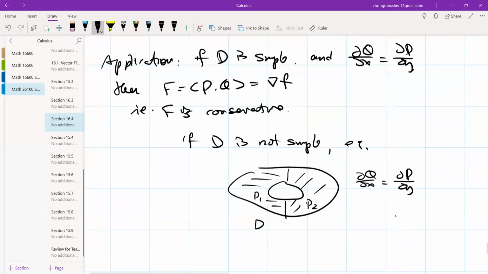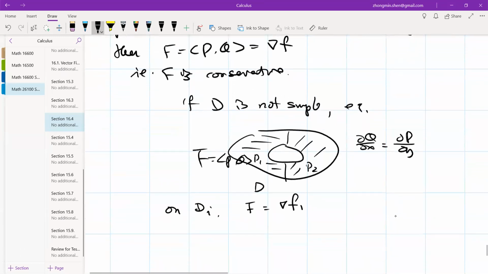On each side, you still can have the vector field with the same P and Q, but you have two functions here: F2 and F1.